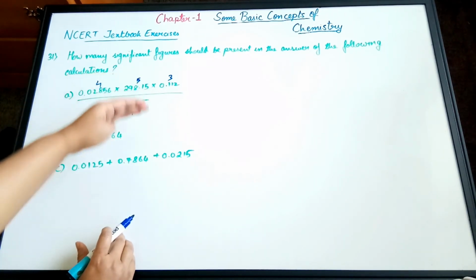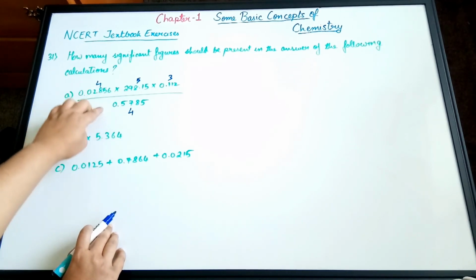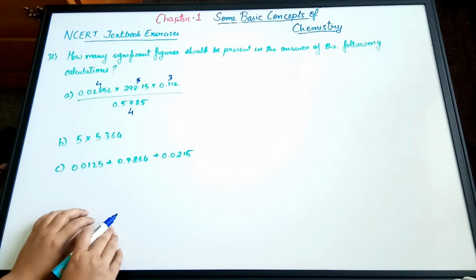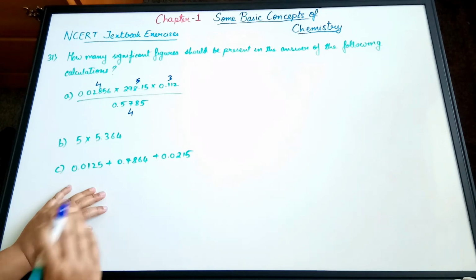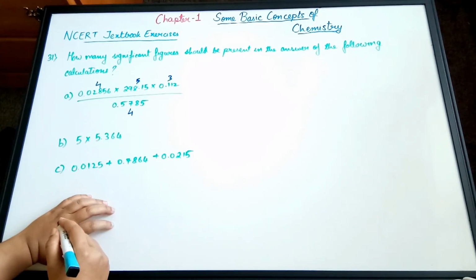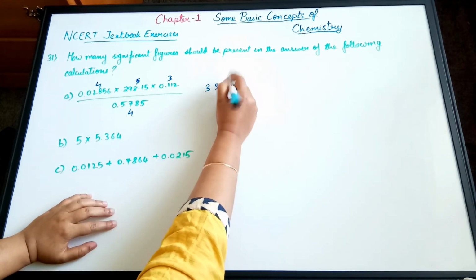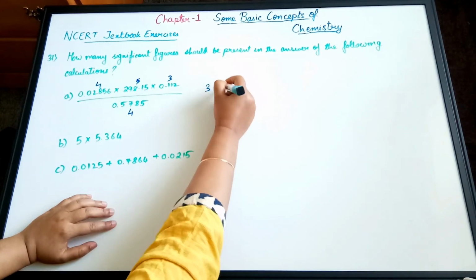Now from all of these, the number of significant figures of the solution should be equal to that of the least number of significant figures that are present. So because of that, the number of significant figures of this solution would be 3 significant figures.